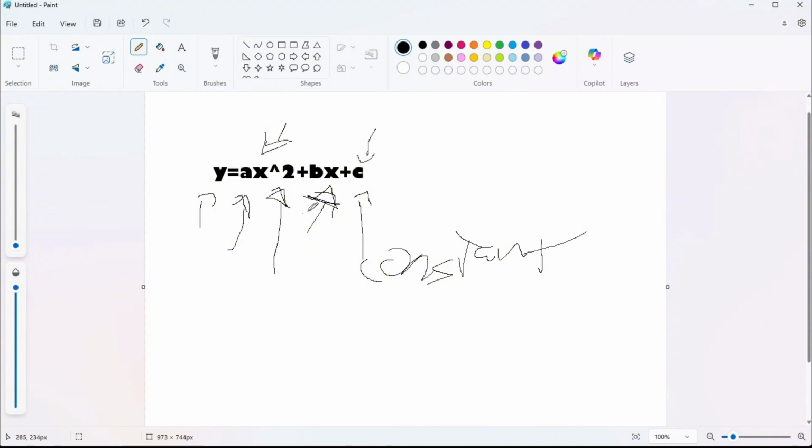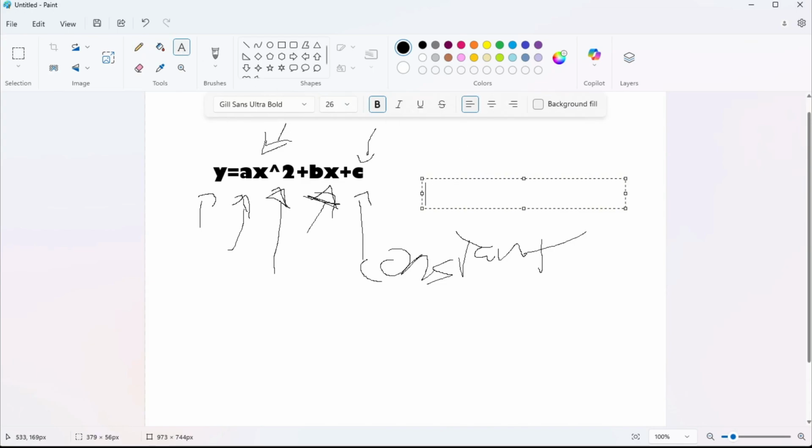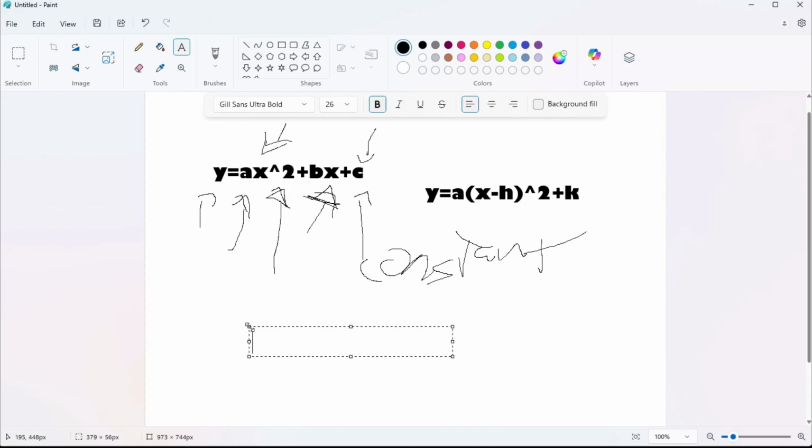But other forms, such as vertex form, will help you figure out the vertex, and intercept form will help you find the x-intercepts, where p is the first x-intercept and q is the second.